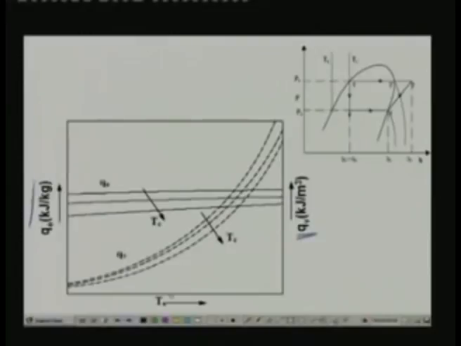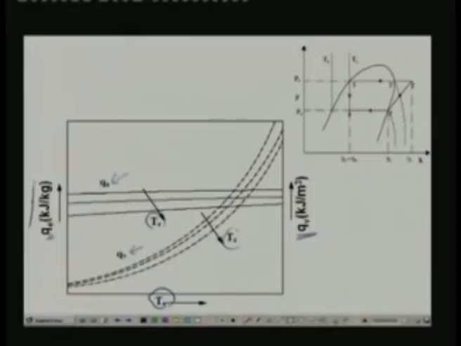And you can see here that on the x-axis I have evaporator temperature, and I have got these performance parameters for different values of condenser temperature. So you can see that condenser temperature is increasing in this direction for specific refrigeration effect, and it is increasing again in the same direction for volumic refrigeration effect. So from this graph you can easily see that as you are increasing the evaporator temperature for a given condenser temperature, there is a marginal increase in specific refrigeration effect.